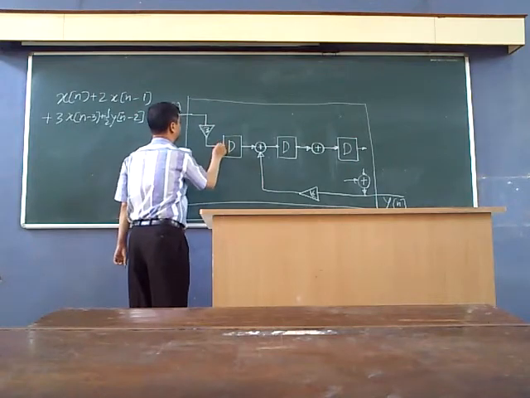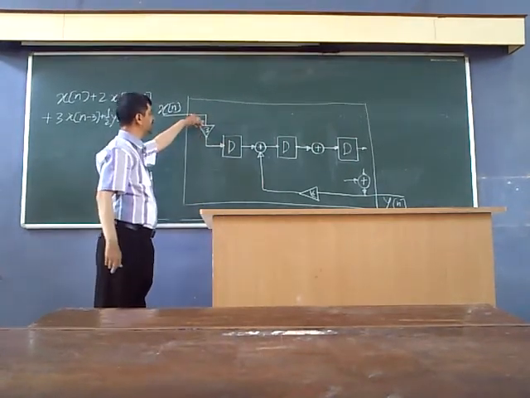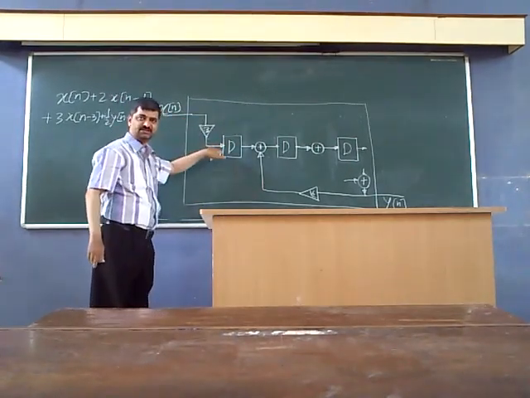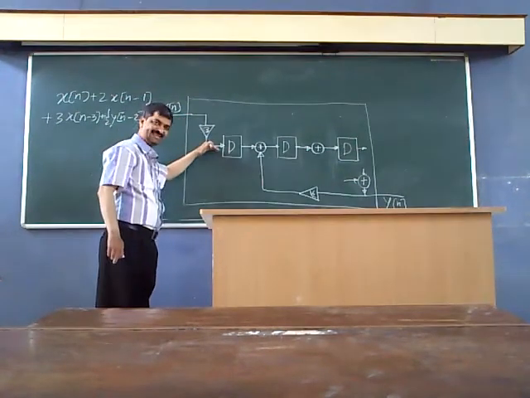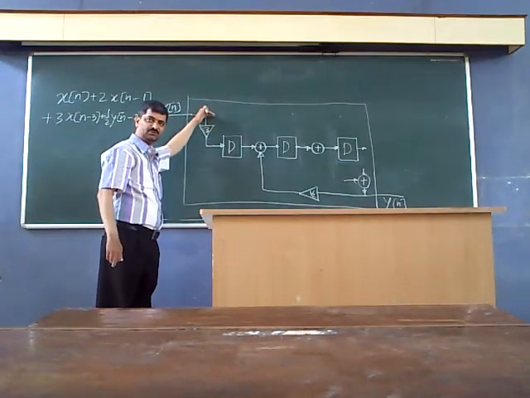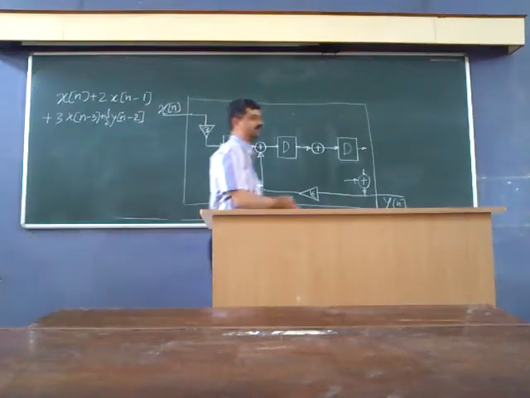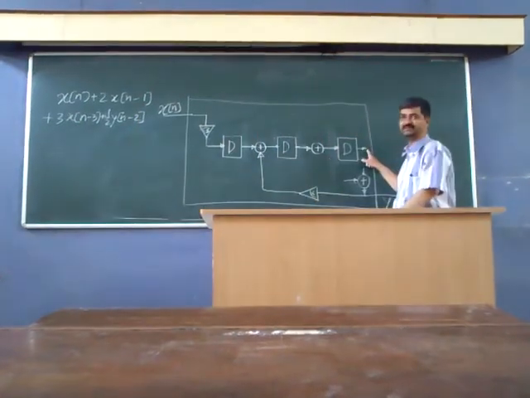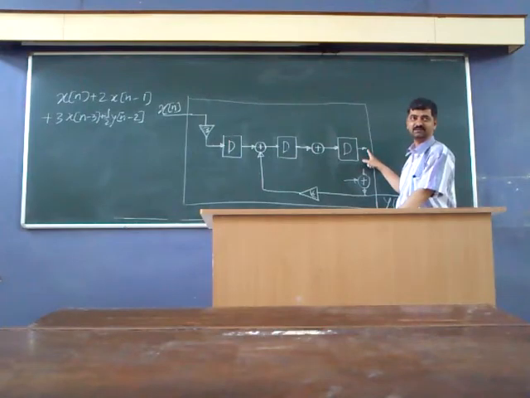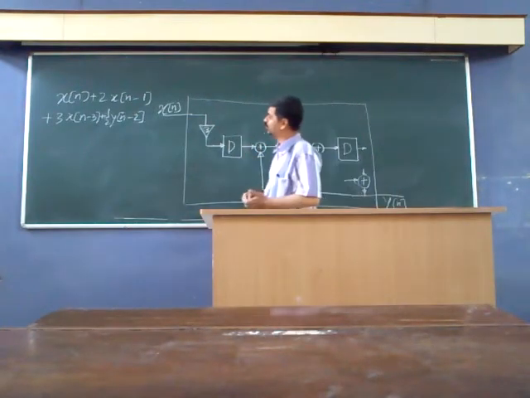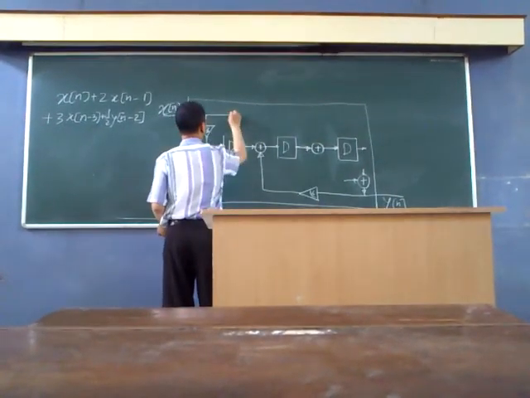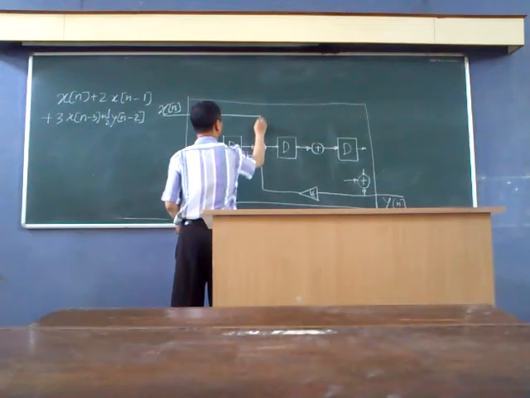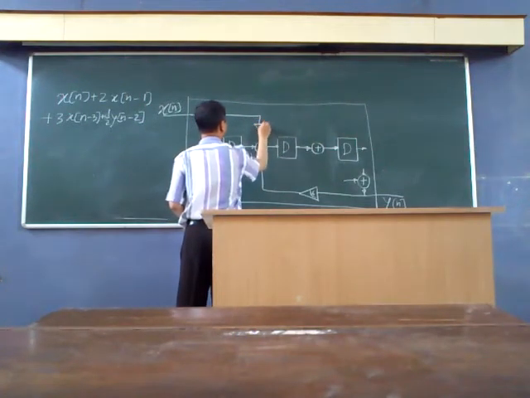I add 3 here, so 3xn minus 3 I am introducing at this stage. I am introducing 3xn at this stage. So when it comes out here, what would it be? 3xn minus 3. Right? 2xn minus 1. I hope you will understand it immediately.